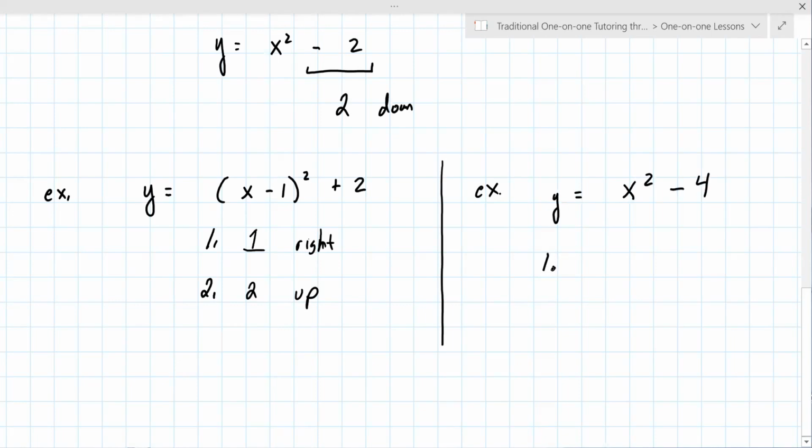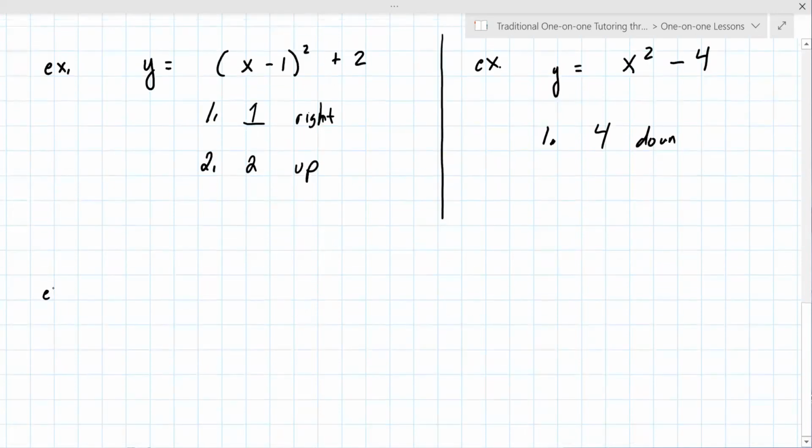This one has one transformation. Minus 4, so 4 down. Very good. So it doesn't have to have one or the other or both; it could just be one, like it is here. Okay, so let's do another example here. y equals (x plus 2) squared minus 3.